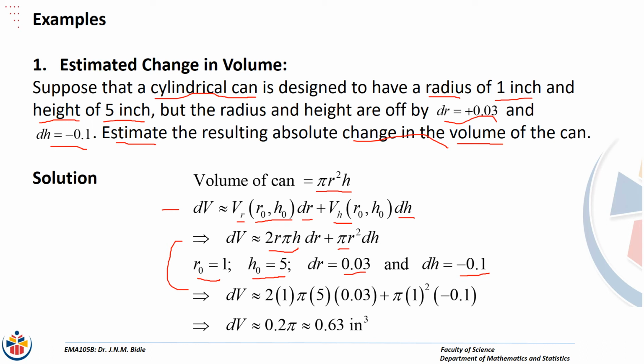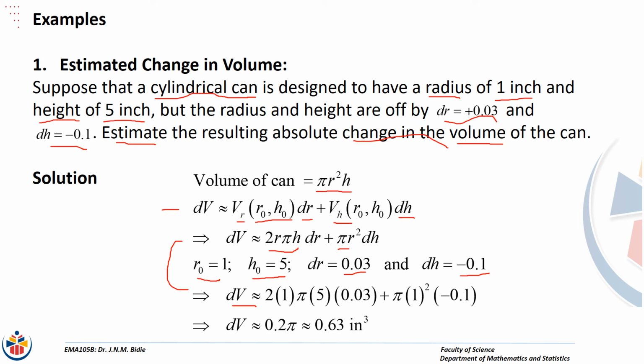And then we substitute. We've got 2. And I'm hoping that you are noticing that whatever we do, we have dV on the left-hand side. And the approximation sign must always be there. 2 times our initial R, which is 1, and then we've got pi.